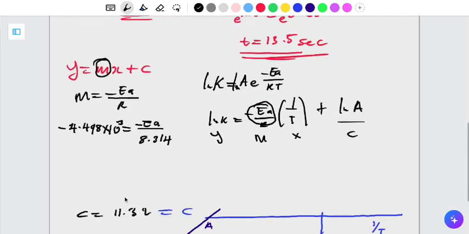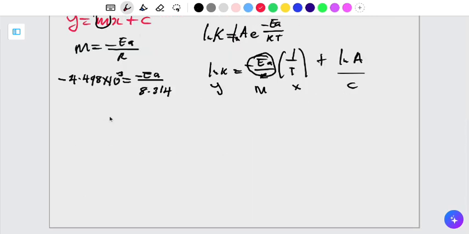Let me just do this. This negative here and this negative are going to cancel each other. Then we just need to multiply this one and this one. So when I multiply this by that, I'm going to get 37,396.372.